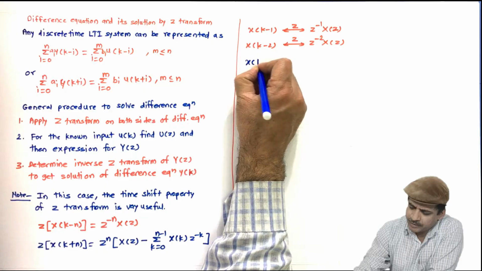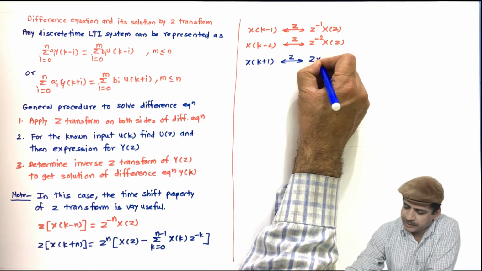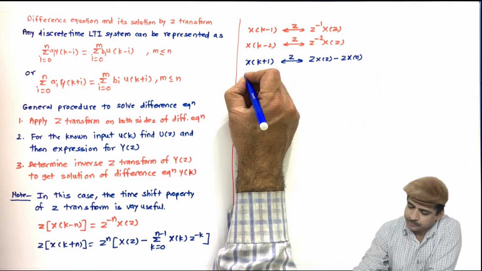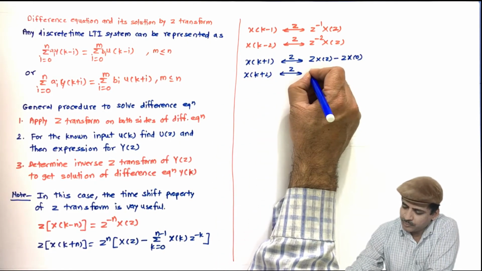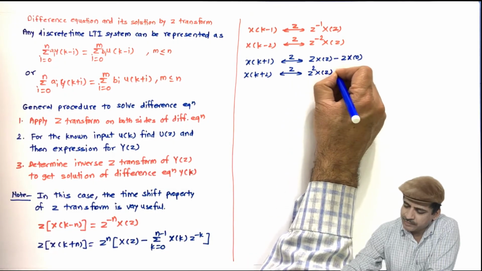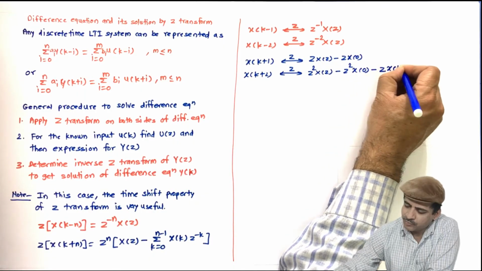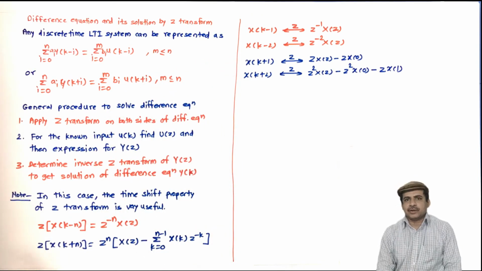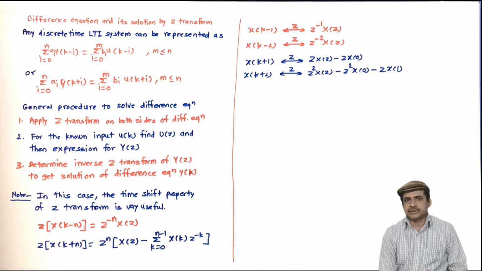Similarly x of k plus 1 gives z x of z minus z x of 0. x of k plus 2 gives z square x of z minus z square x of 0 minus z x of 1. So if it is in the form of advanced sample shift, you must have initial conditions to solve the difference equations. But if it is in the form of delays, then it is not required.